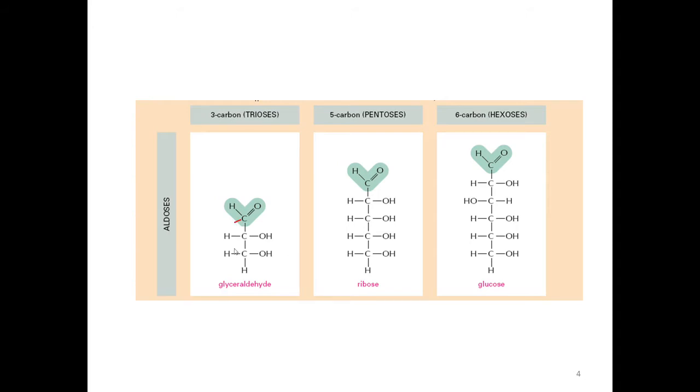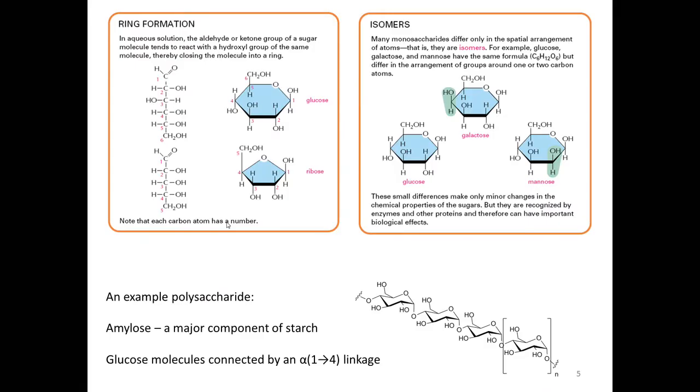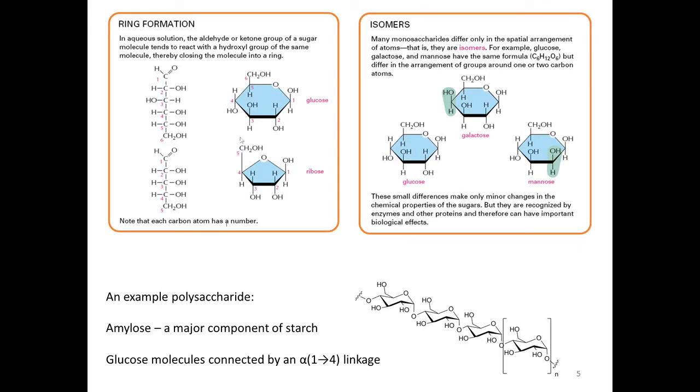Here we see a triose made up of 3 carbons versus a hexose, 1, 2, 3, 4, 5, 6. And these are called aldoses because they have aldehyde groups at the end of them. But we're only showing here the linear conformation. These sugar molecules can isomerize between linear conformations and ring conformations. So the way those will cyclize, in this case, you'll see carbon 1 is right here in the ring.